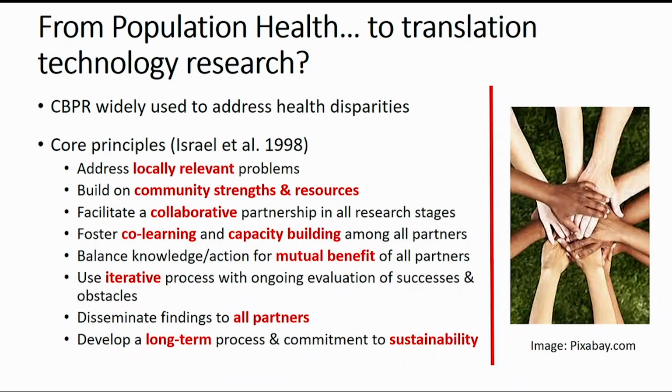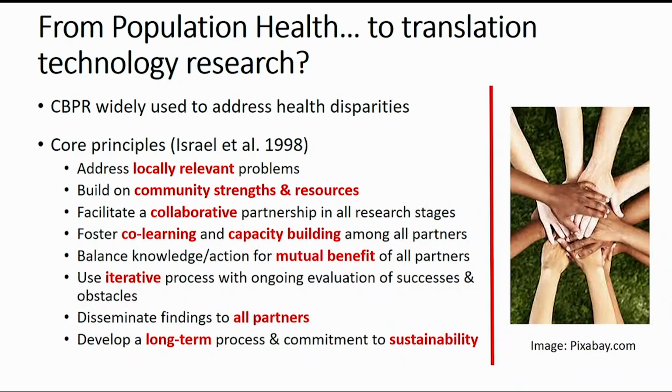And one of the goals is that the community themselves should be able to take action based on the findings at the end of the day. So the researcher might go on to another project or back to their classroom, but the community should be equipped to put the results into action for their own benefit.